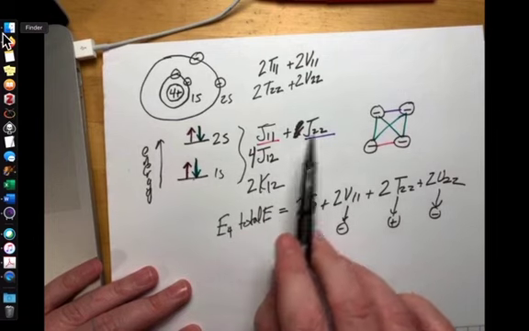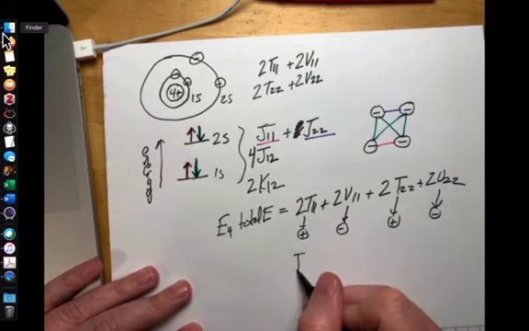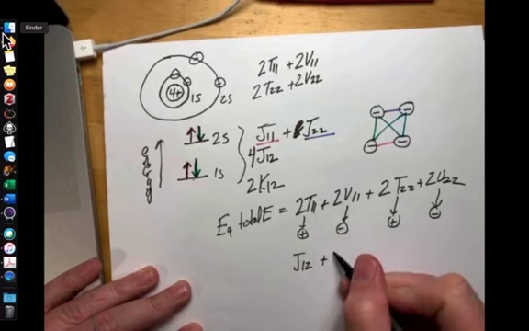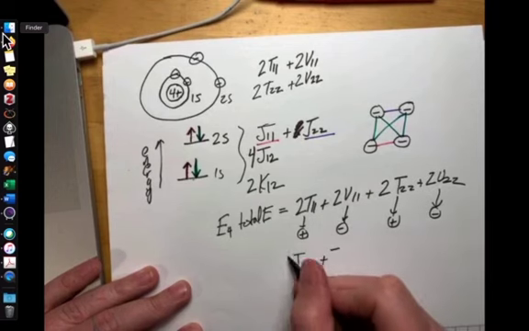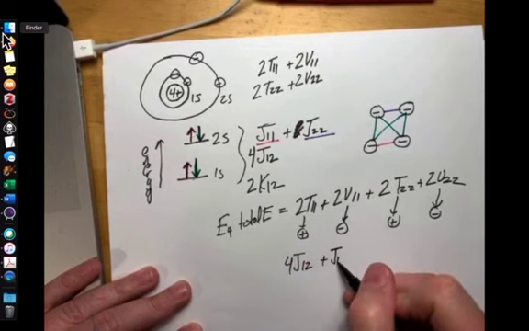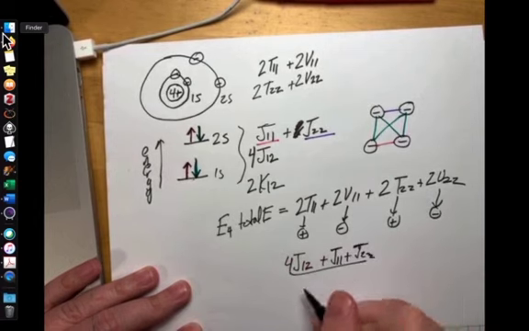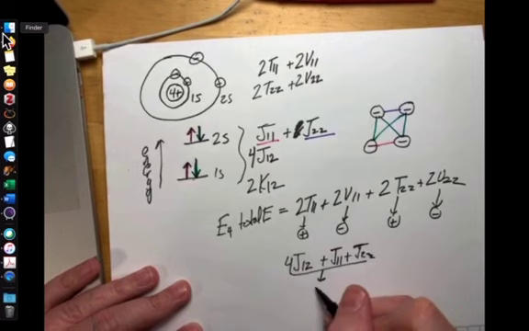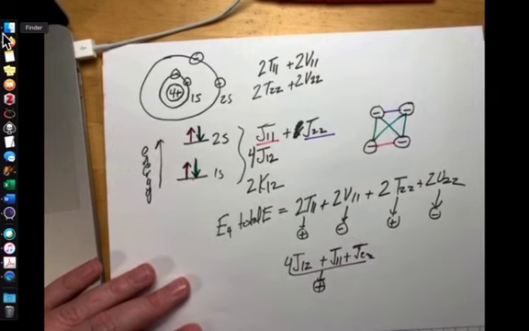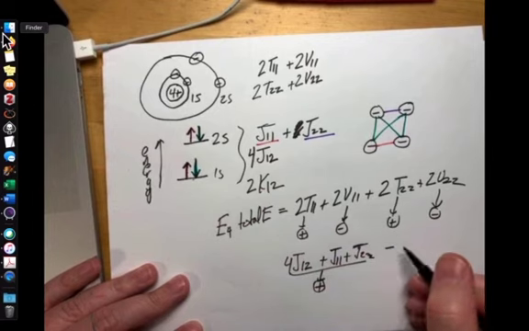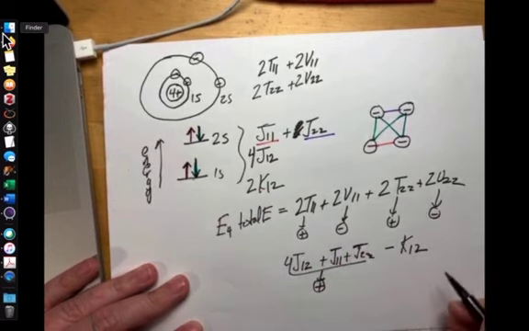The J's are always positive. So J11 plus 4J12 plus J22. Okay, all of those, the total and all of them individually, are all positive. The K's are also positive, but when we do this, they get subtracted.